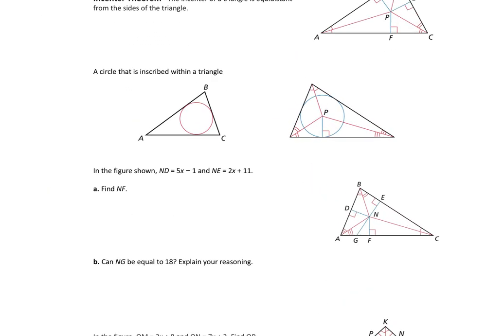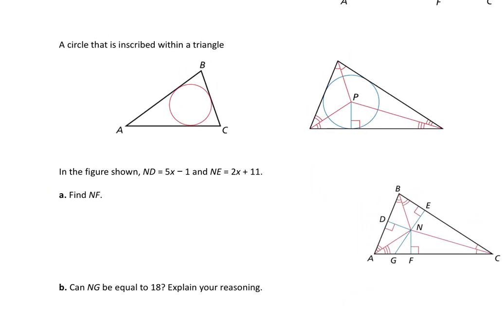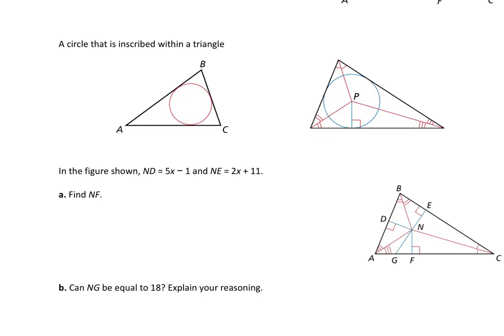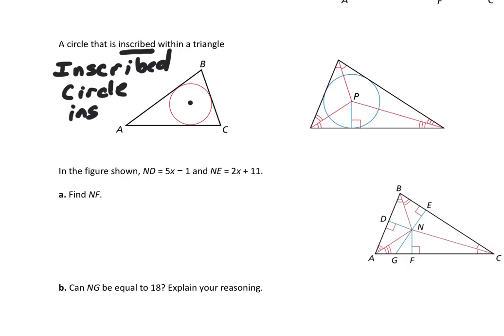The second thing that we're going to talk about today is what we call the incenter of a triangle, okay? The incenter. In this case, this circle is inscribed. Inscribed means we're going to have a circle on the inside of the triangle.